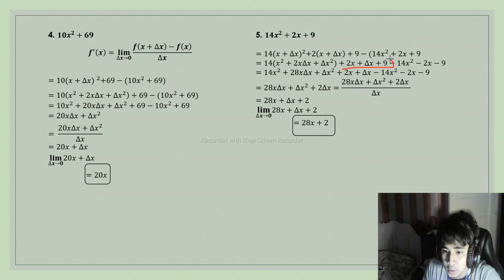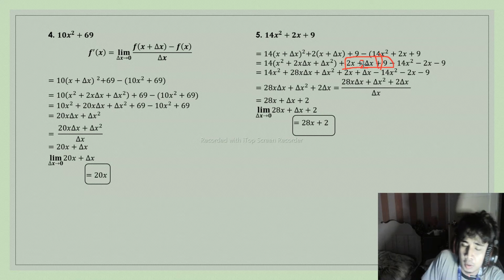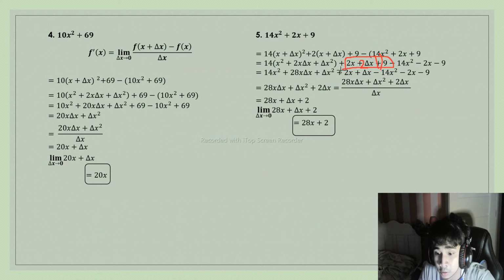Ito na, distribute. Na-distribute na natin siya. 2x delta x plus, yan, 2x plus 2 delta x lang. 2x plus 2 delta x. 2 delta x po yun. Lagi lang natatypo. I'm sorry po. Baguhin ko na lang po sa PPT ko. Then, 14x squared times 2 is equal to 28x delta x.